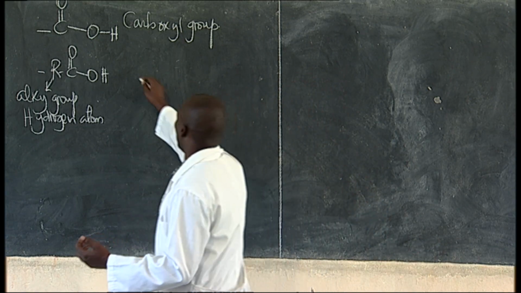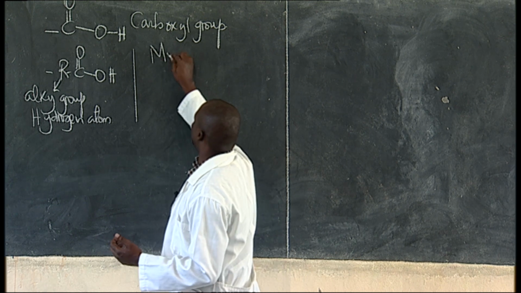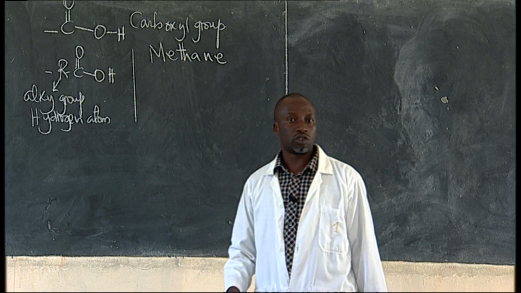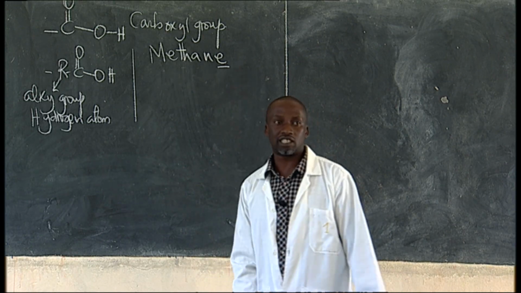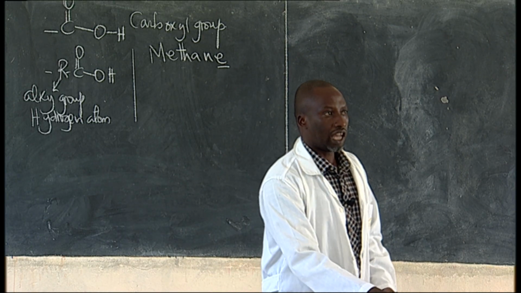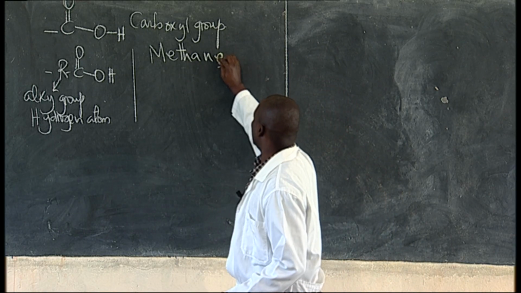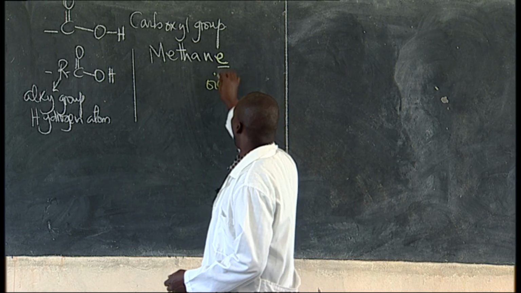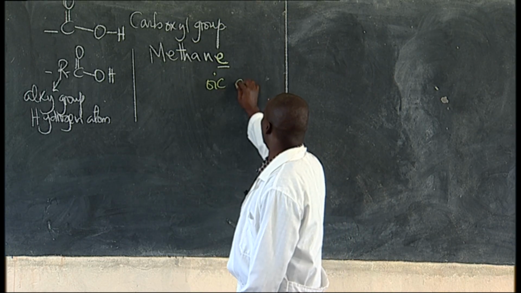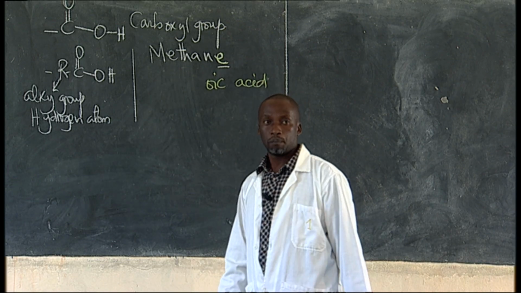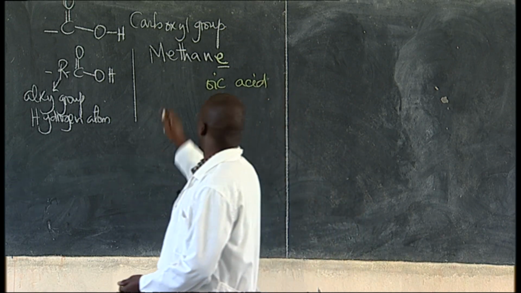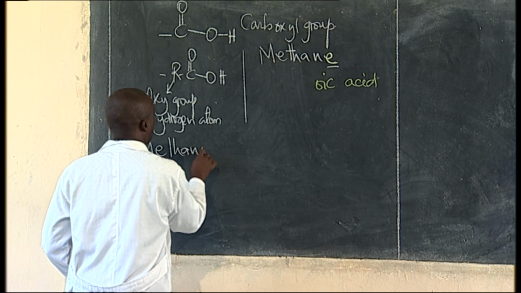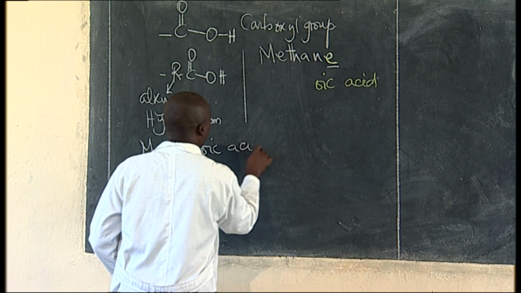Whereby the alkane molecule, if you have methane, when you are naming these compounds, you only need to replace this E with the word oic, and then you add the word acid. Meaning that the first member of this group, you will have methanoic acid.